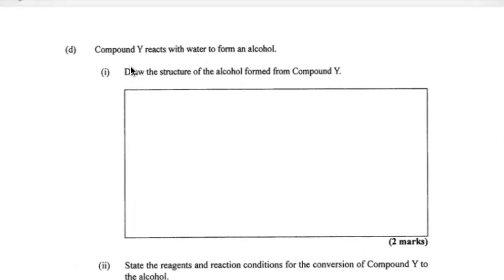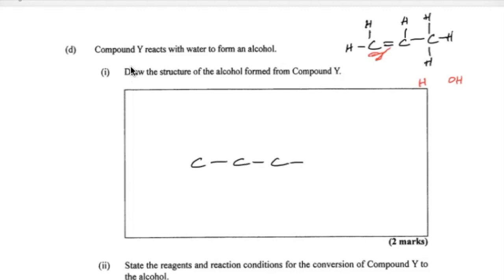So all we would do in a case like this is cut the carbon-carbon double bond, get the water, cut it into OH and H, put H on one carbon and put OH on the other one. So we end up with our alcohol. We can decide where we put it. Let's do it in red.